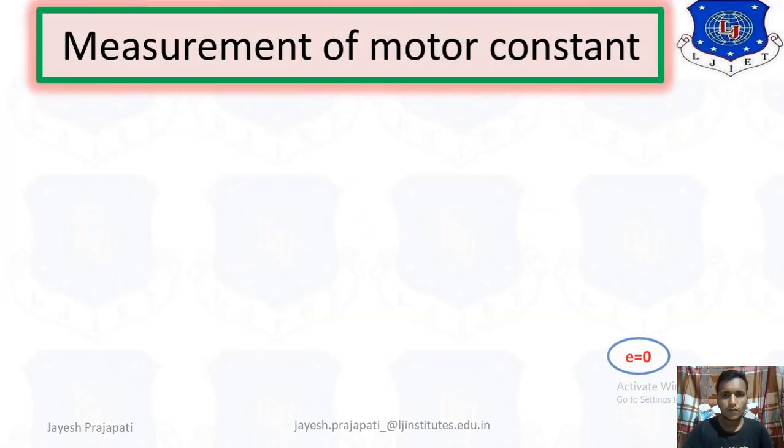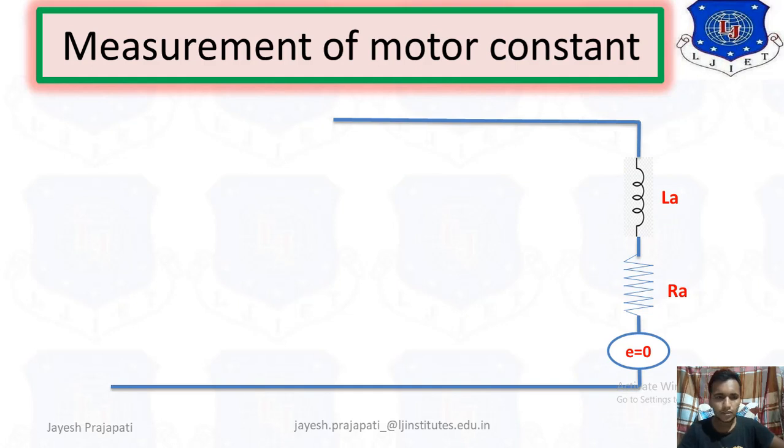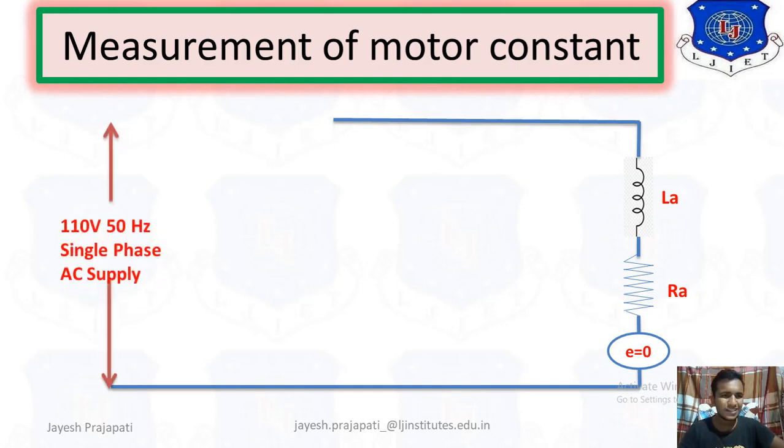In the measurement of armature motor constants, E is equal to 0, that is, the induced EMF is 0. Then we have armature resistance RA and armature inductance LA. Now we connect this to the AC supply voltage, a 110 V, 50 Hz single phase AC supply, not a direct connection.